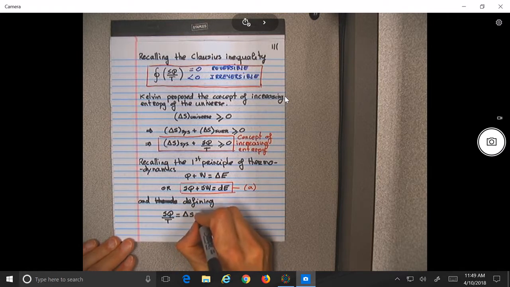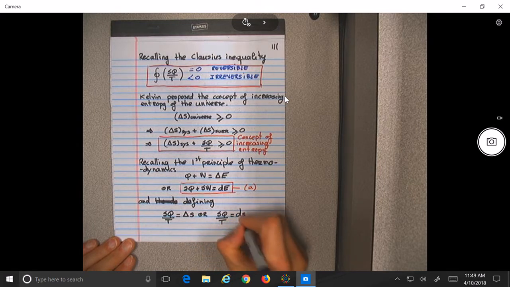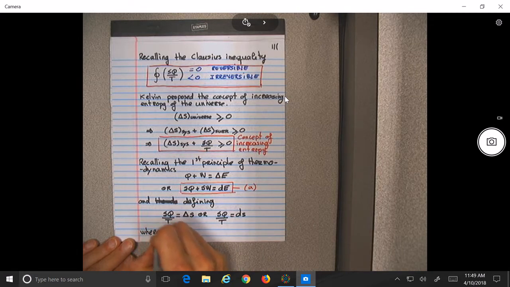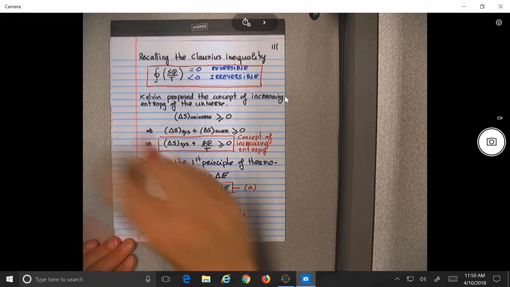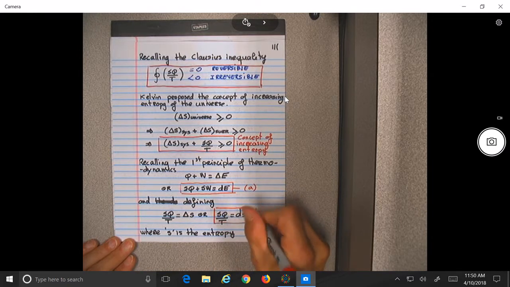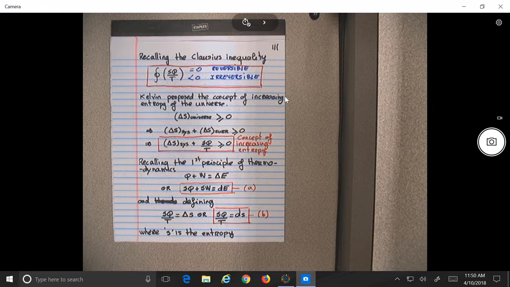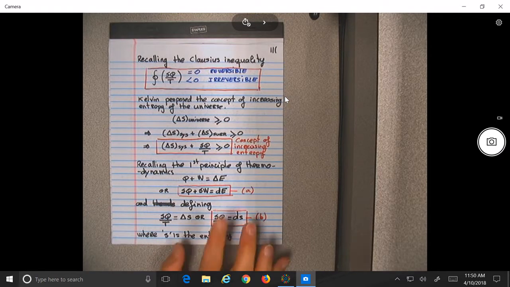So let me just rewrite this: delta Q over T equals dS, where S is the entropy. So again, this is the first principle of thermodynamics.